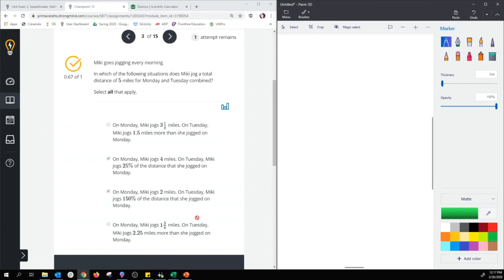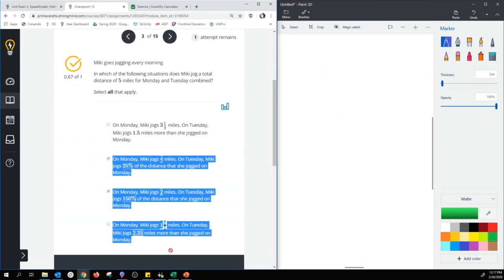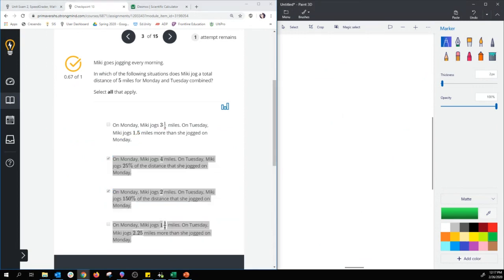So on this one, you're going to select 3 options. You are not selecting the one that says 3.5 and 1.5. So you're selecting these 3 I have highlighted here. So you are not selecting the one that says 3 and 1/2.